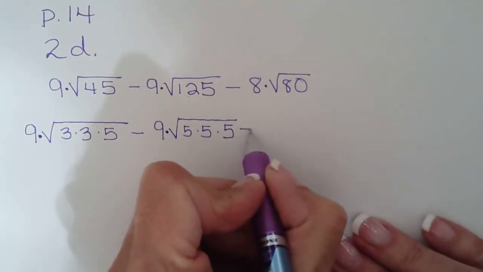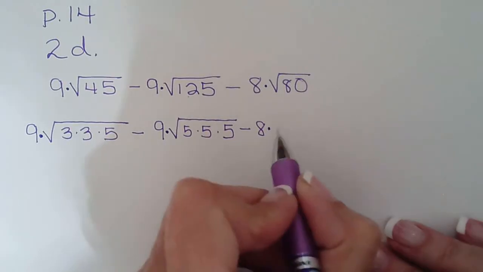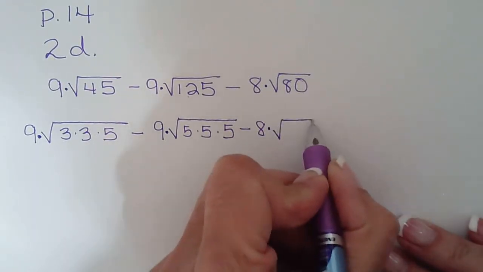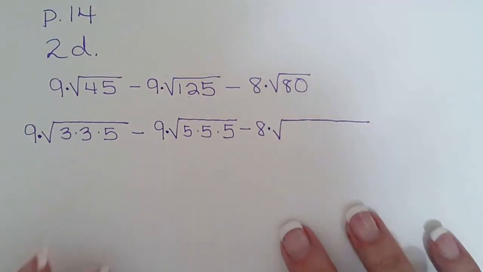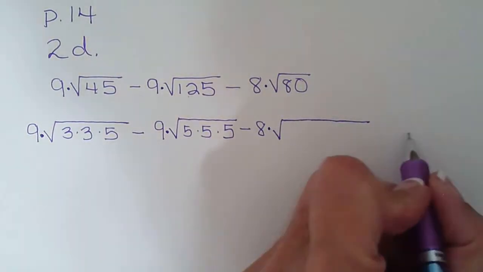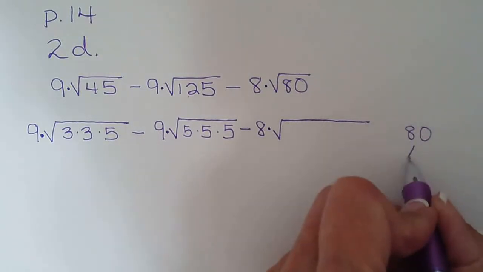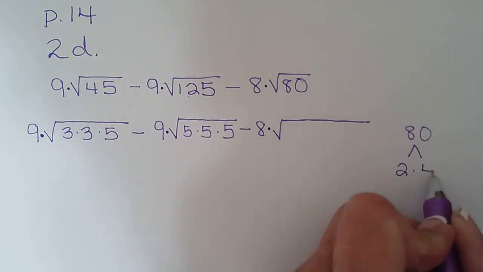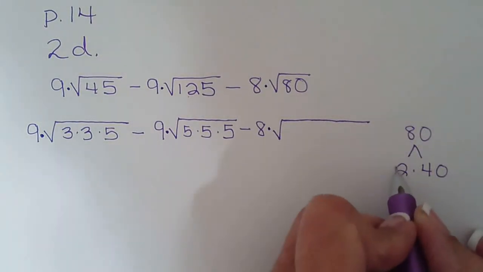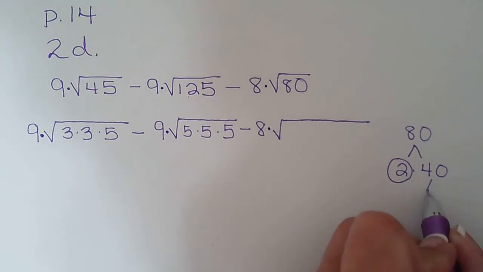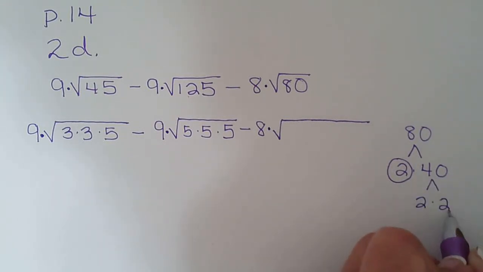And then 80, we're going to have to break that one down because that one is busy. So let's go over here to the side and make a tree for 80. 2 and 40. Circle the prime. 2 and 20.